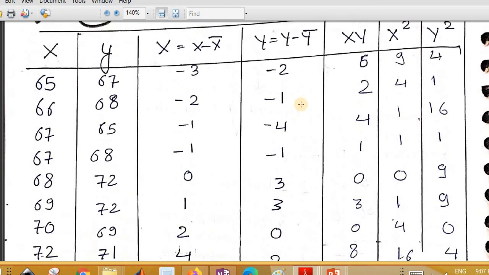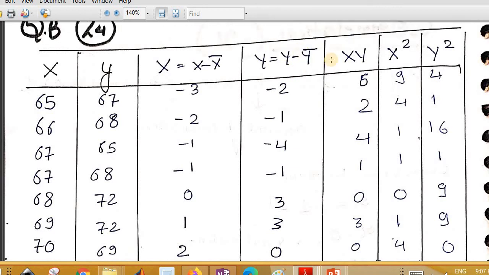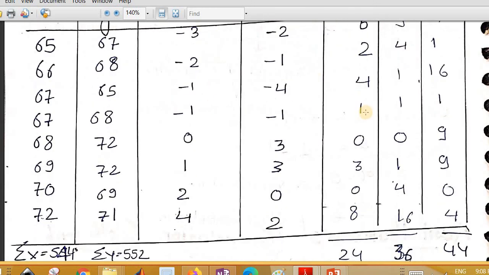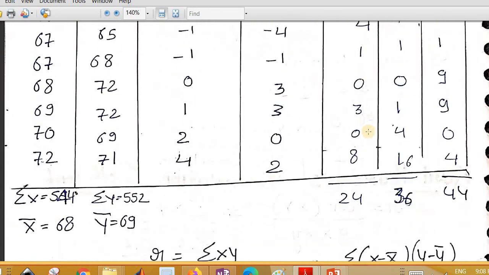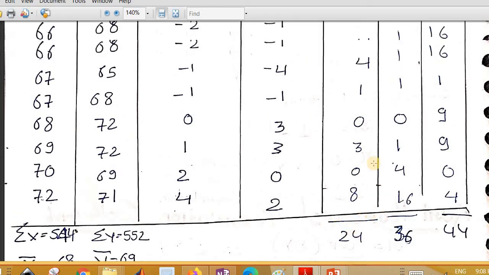Now in our formula we have the product of capital X and capital Y, which is the product of x minus x bar and y minus y bar. So -3 into -2 is 6, and -2 into -1 is 2. Similarly we also need the term summation xy, that is adding all these products, which comes out to be 24.